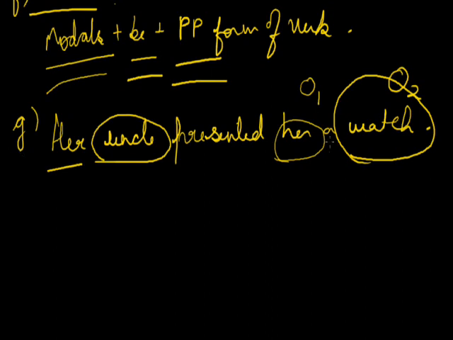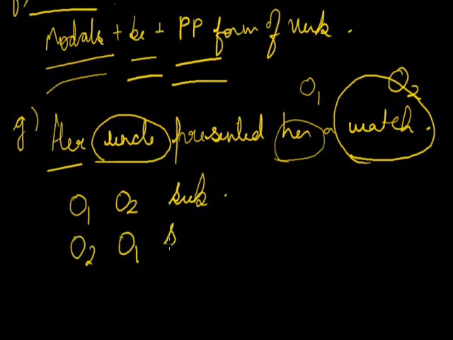So now here we have two objects. We can do it in either of the cases. First we can take object 1, then object 2, and then followed by the subject, or object 2, object 1, and then the subject. Giving you the passive sentence with object 1, which is her: "She was presented a watch by her uncle."